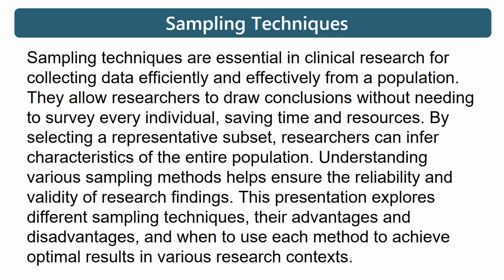Sampling techniques are essential in clinical research for collecting data efficiently and effectively from a population. They allow researchers to draw conclusions without needing to survey every individual, saving time and resources. By selecting a representative subset, researchers can infer characteristics of the entire population.